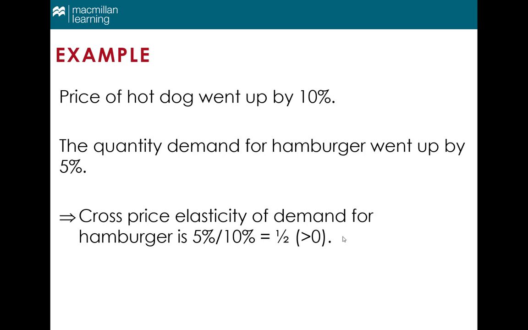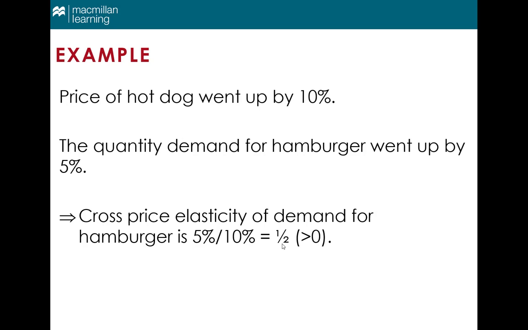Let's say there is an increase in the price of a hot dog, one good, and it went up by 10%. In response to this price increase in hot dog, there was an increase in the quantity demanded for hamburger by 5%. So the cross price elasticity of demand can be calculated by dividing 5% by 10%, so that the elasticity is 1 over 2, 0.5.